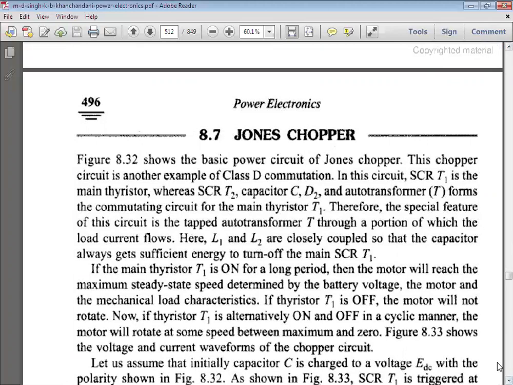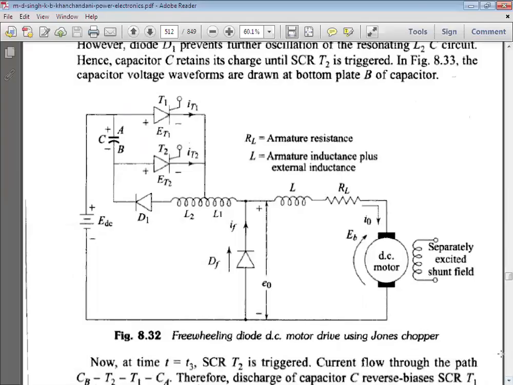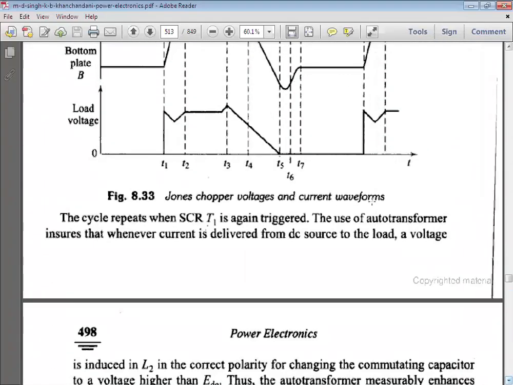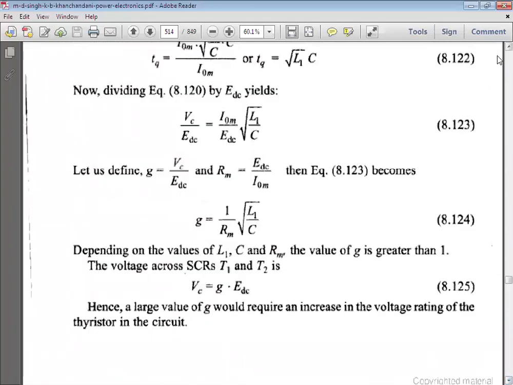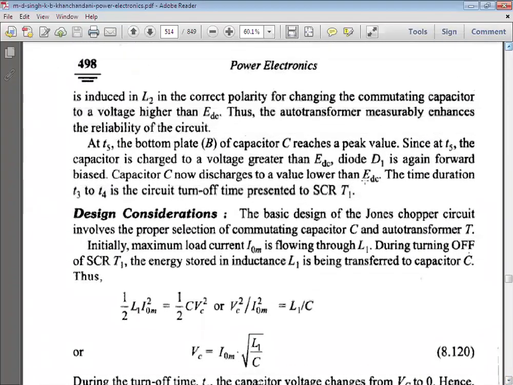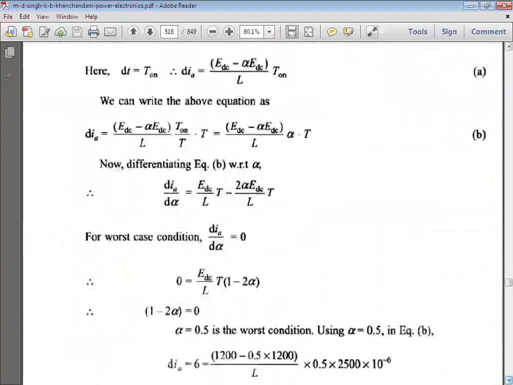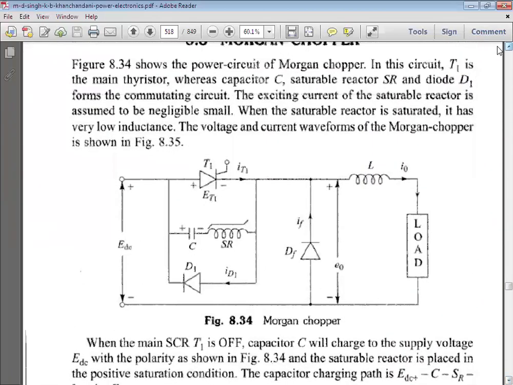For Jones chopper, you have to prepare this diagram along with the waveforms, only this much part. The equations and design considerations are not required. Only till this point, Jones chopper is expected. Again, these examples are not expected, and there is no need to prepare them.